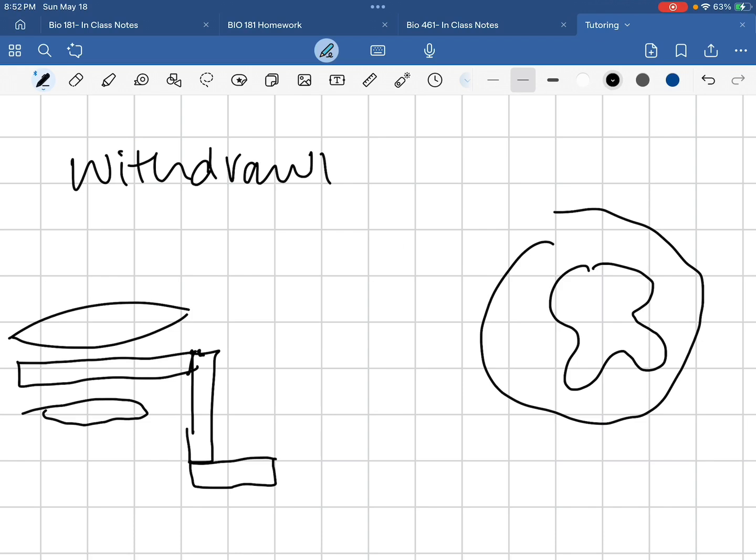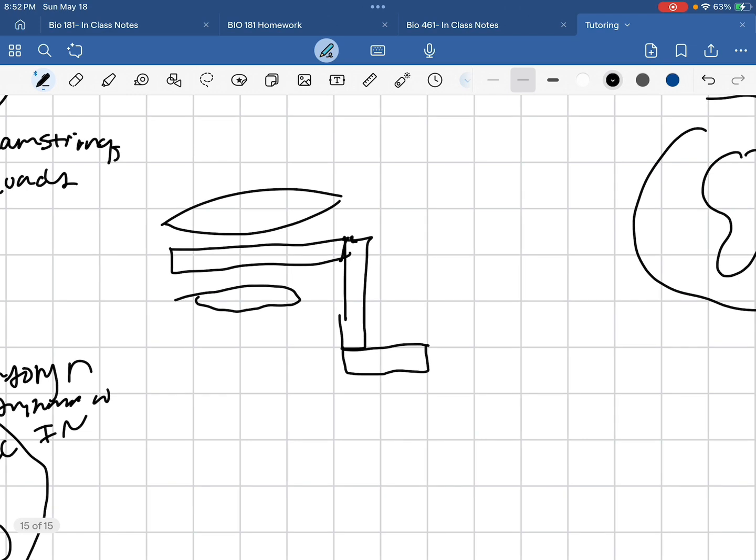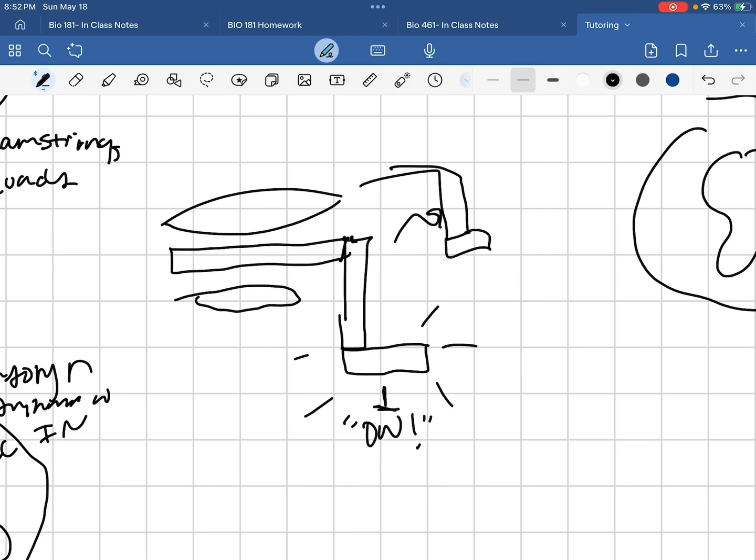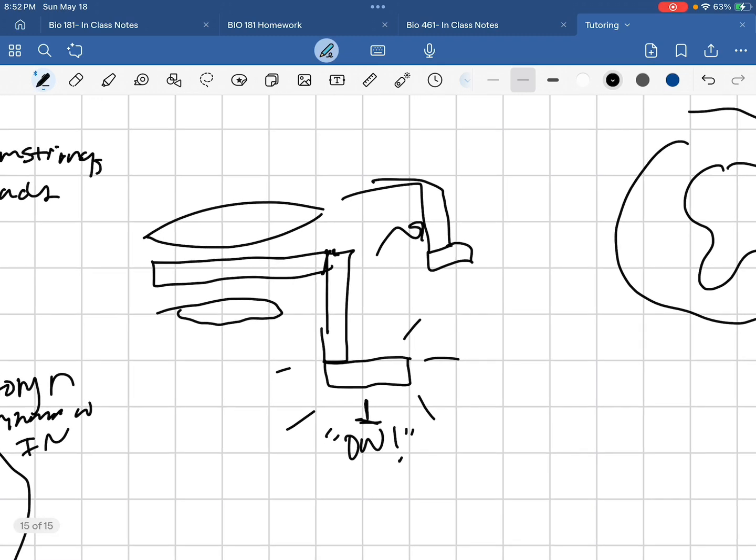So what this one is going to look like is, say this foot, this is the nail, right? Ow. Okay, so we want to balance it to this other foot, the weight, I guess.